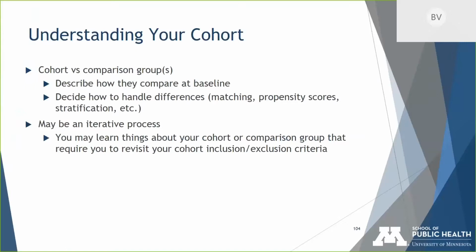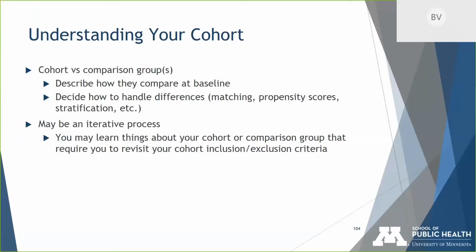Oftentimes the first thing we do is try to look at baseline characteristics because we want to understand how the cohort compares. We have our treatment and comparison groups. We want to look at how they compare at baseline, maybe decide how to handle differences between the groups. Do we need to do matching, look at propensity scores, stratification? And as I mentioned, this may be an iterative process.